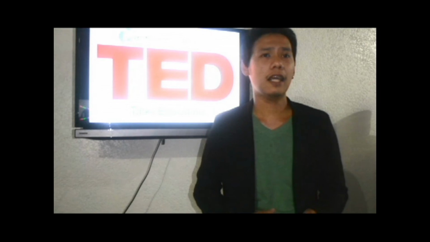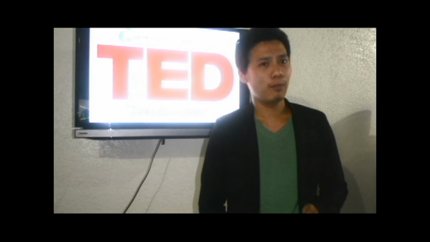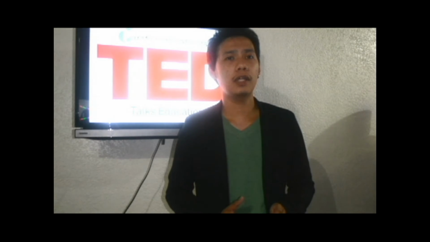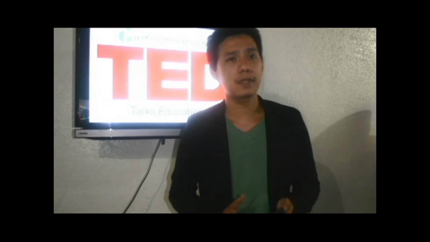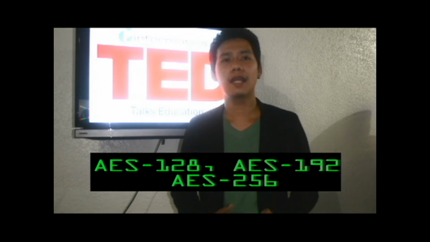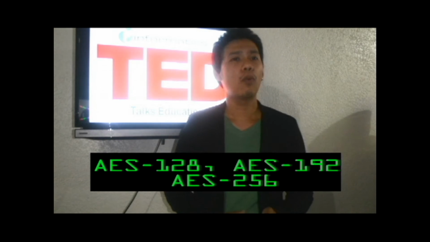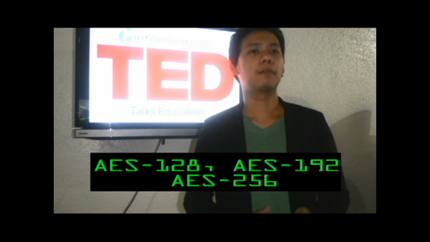Rijndael is a family of ciphers with different key and block sizes, although AES is restricted to a block size of 128 bits and key sizes of 128, 192, and 256 bits, which we call AES 128, AES 192, and AES 256, respectively.